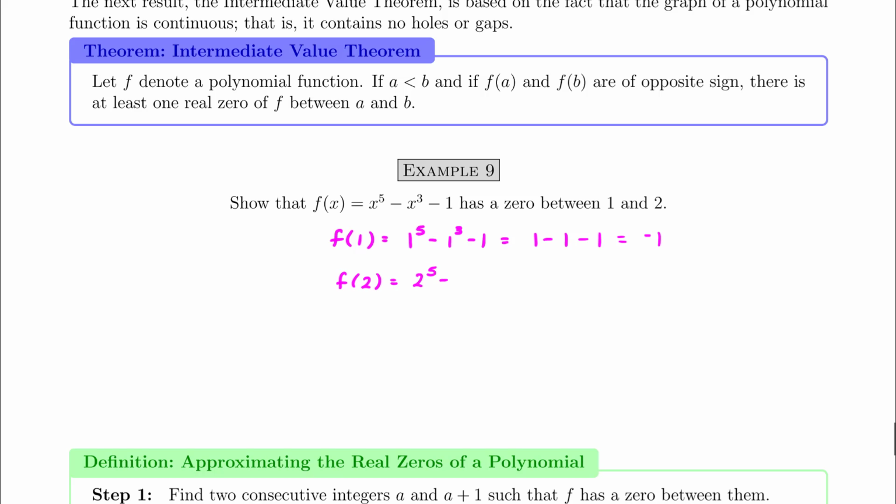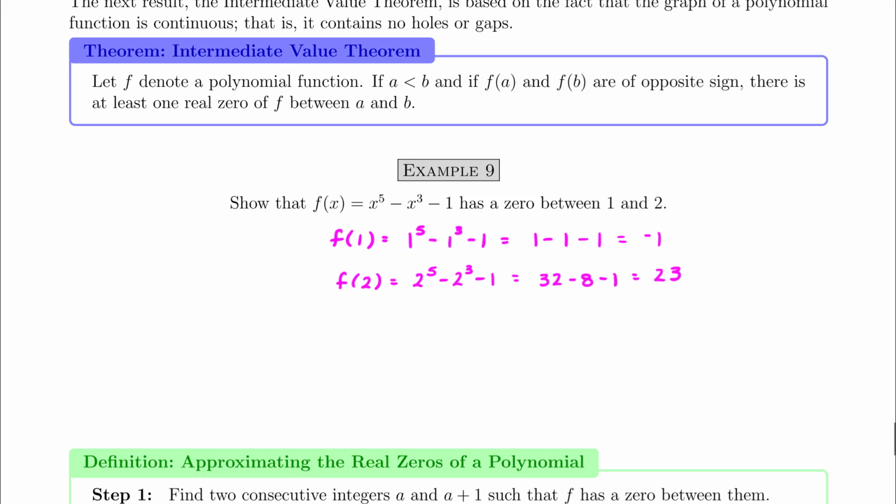So we have 2 to the 5th minus 2 cubed minus 1. It's going to be 32 minus 8 minus 1, which is 23. So we've gone from negative to positive. And so that shows right there that there has to be a zero between those two numbers.